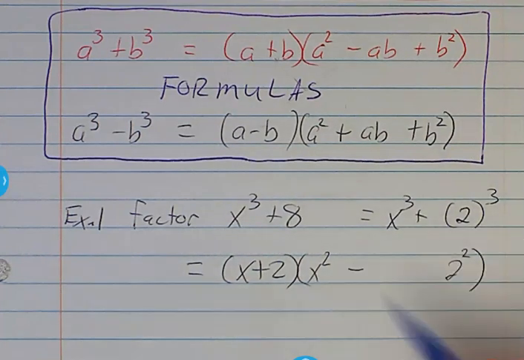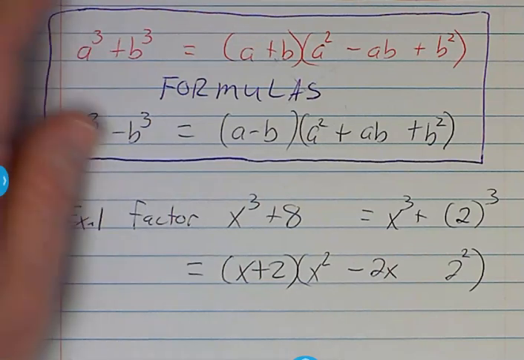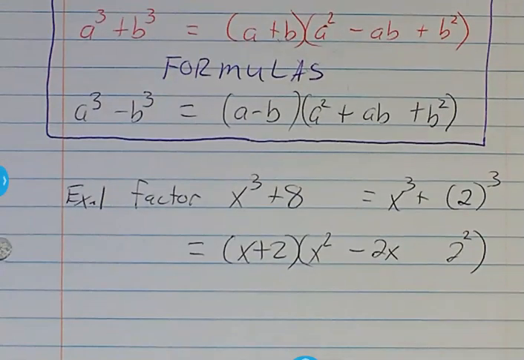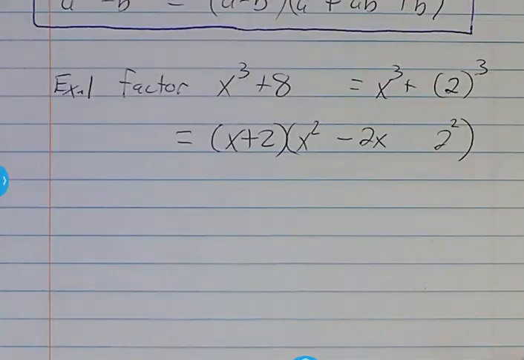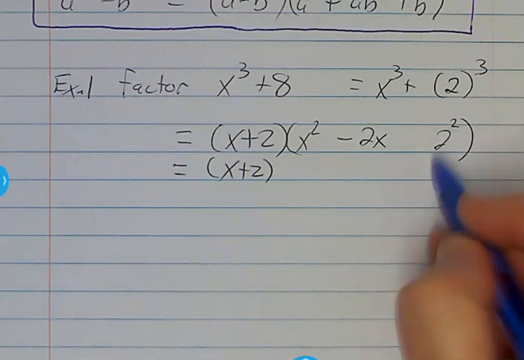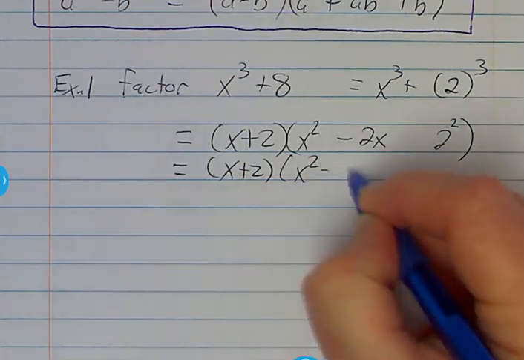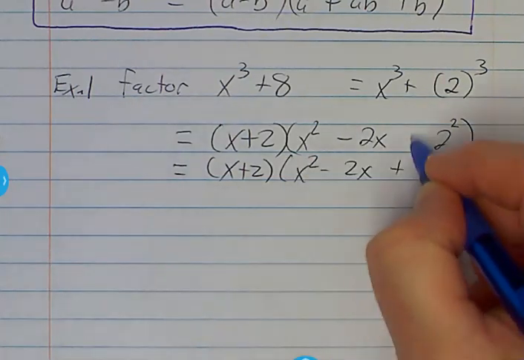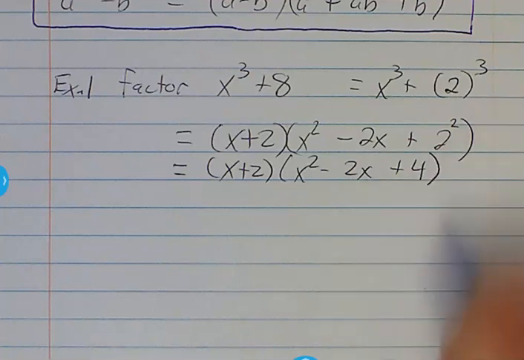And then this thing is minus. Technically it's x times 2, but let's just reverse that around and make it 2 times x. Pretty much the only thing you have to fix is this number squared. Oh, it's positive, I forgot that. Just go ahead and do 2 squared and make it 4.